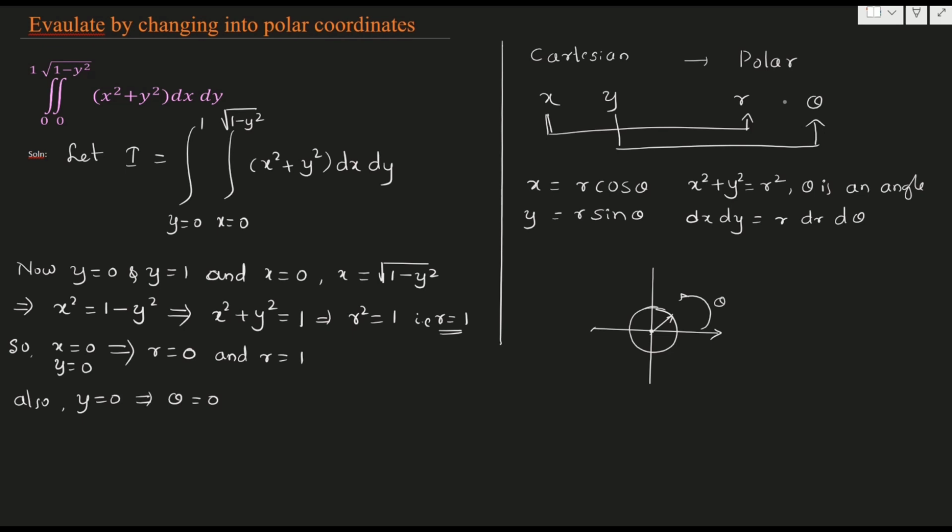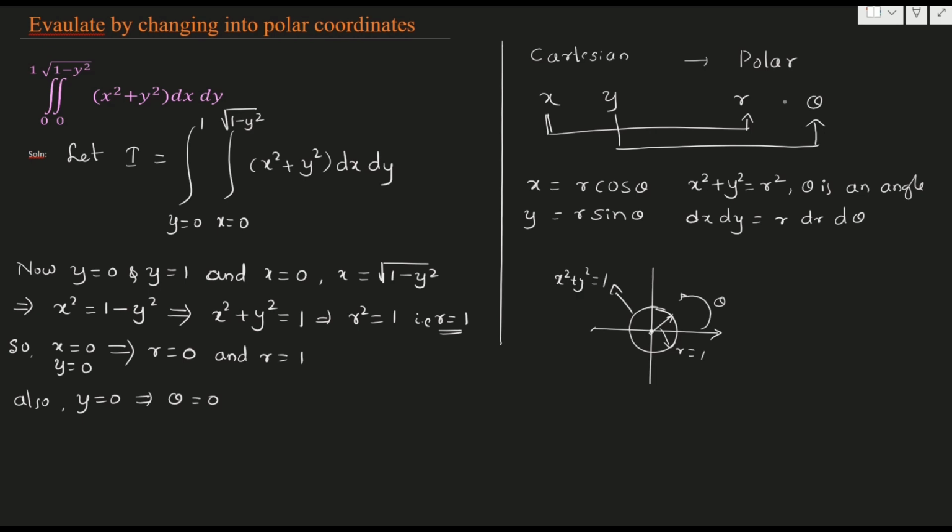This is a unit circle with radius r equal to 1. Let us draw it. This is our unit circle, and it represents x square plus y square equal to 1.